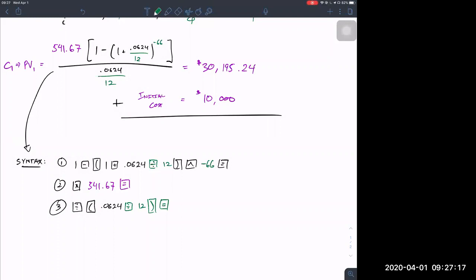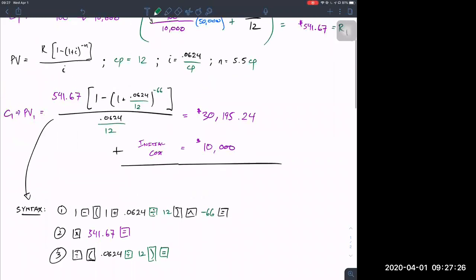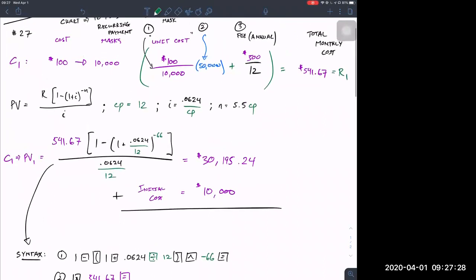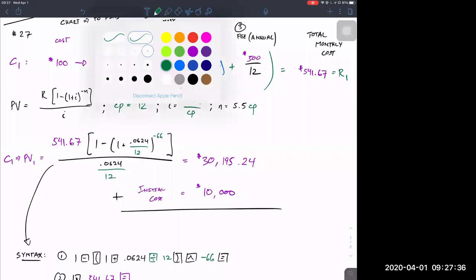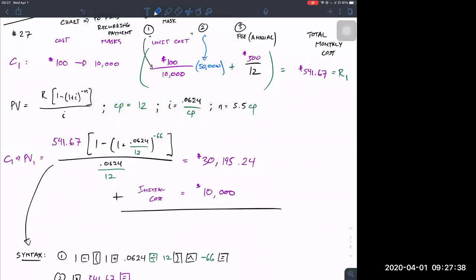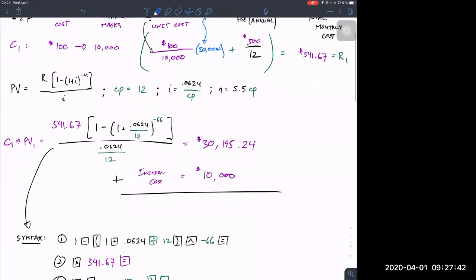What other questions do we have on number 27? Just 27 for now, please. Can you just do the quick setup for company 2 as well, the same way you did for company 1? In terms of what? Just like listing what each number would be. Sure. Like how you wrote the cost of the masks and the cost for a single mask. Right.